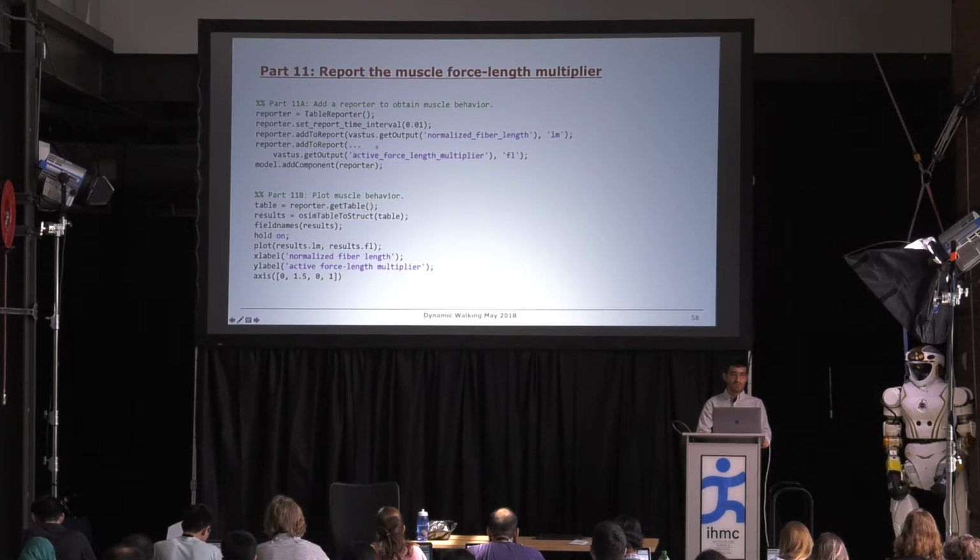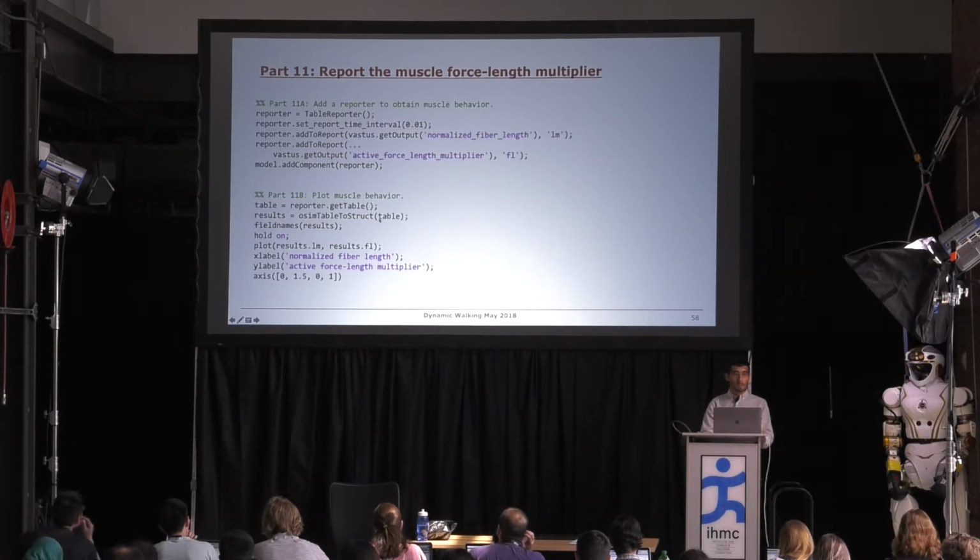And once you've added those two outputs to our reporter, you can add the reporter to the model. Then in part 11b, farther down the script, after the simulation, we want to extract that table, extract these two quantities. We have a function, osim table to struct, which converts an OpenSim data table to a Matlab structure.